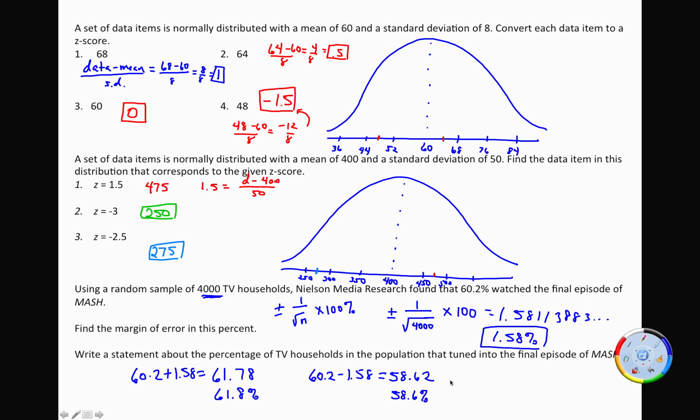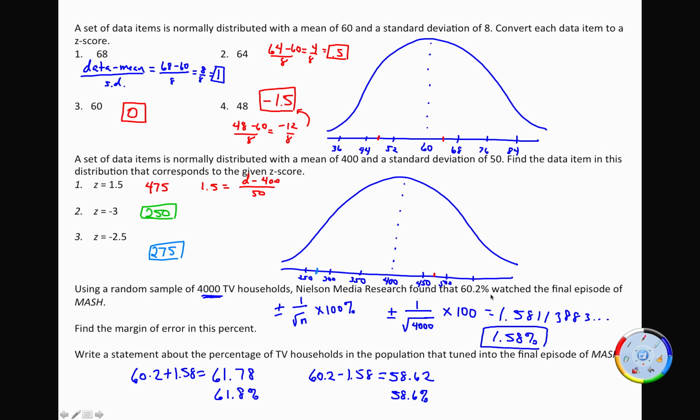Now, if we're going to write a statement about the percentage of TV households in the population that tuned into the final episode of MASH, what this means is we can be 95% certain, right? We are 95% confident that between 58.6% and 61.8% of households did tune in to that final episode, right?